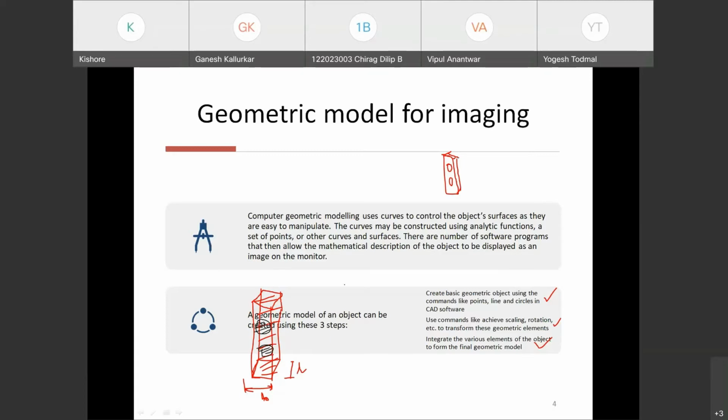We use similar techniques for image processing as well. That is, we try to simplify the image into basic elements such as points, a line, circle, etc. Basic elements. And then we try to define various functions.